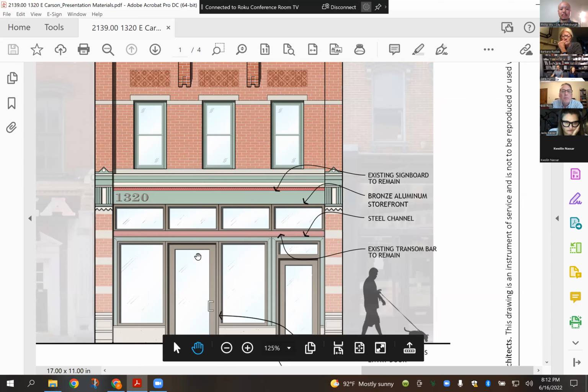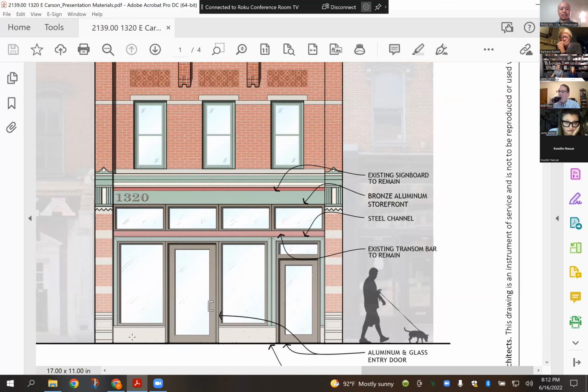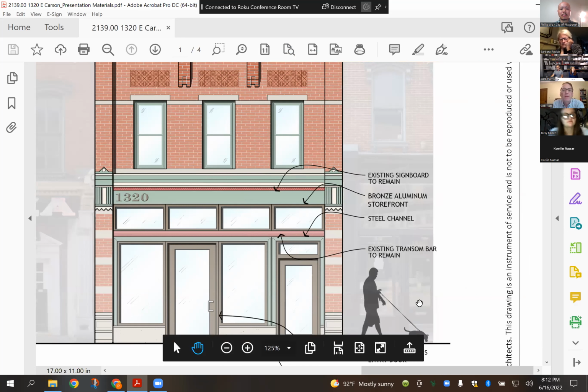We've got the main entry door. We have precast concrete, limestone-look bulkheads that we're proposing.